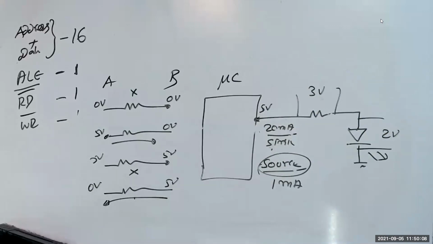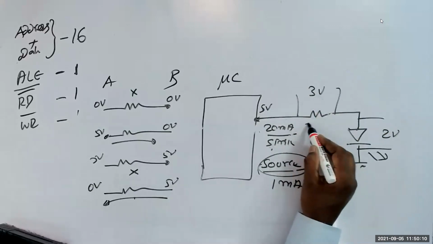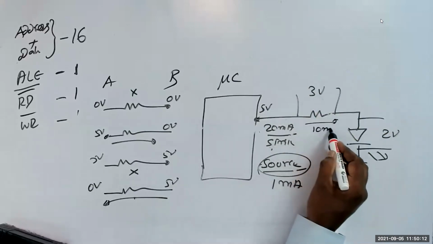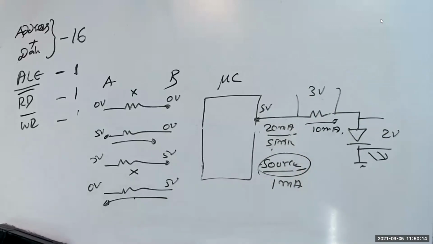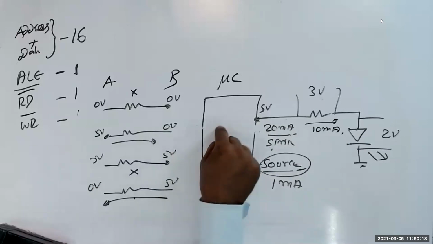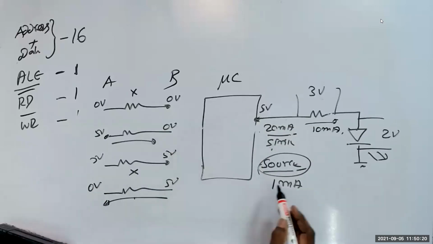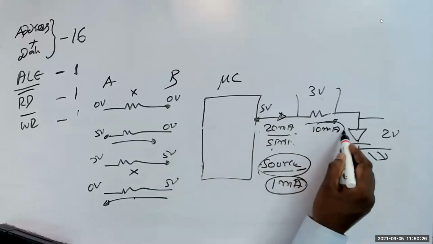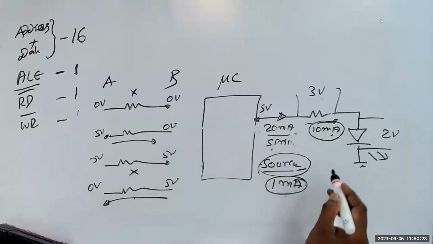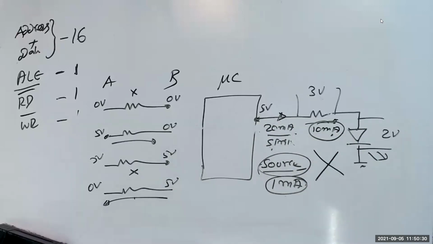Then only you will get here how much? 10 milliampere. Fine, you have done a circuit, but it's not correct, because this microcontroller manufacturer told you that I can source only how much? 1 milliampere, whereas the LED needs how many milliampere? 10 milliampere. So this is not the correct circuit. This is a wrong circuit.